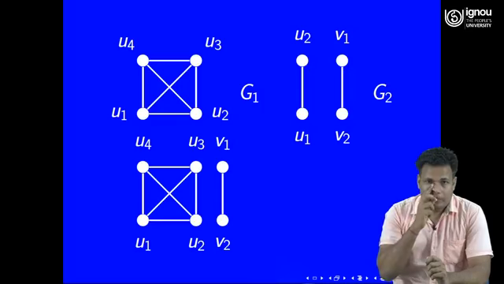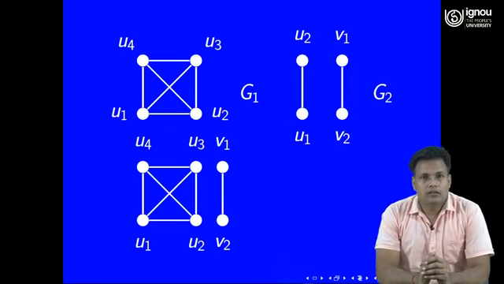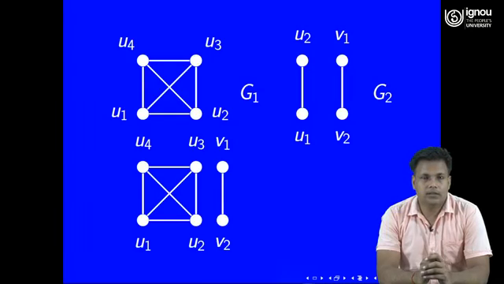For example, let's look at the graphs G1 and G2 shown here. The graph G1 has 4 vertices u1, u2, u3 and u4, each of which is adjacent to every other, and the graph G2 also has 4 vertices, namely u1, u2 and v1, v2, but there are only 2 edges in G2, {u1, u2} and {v1, v2}.